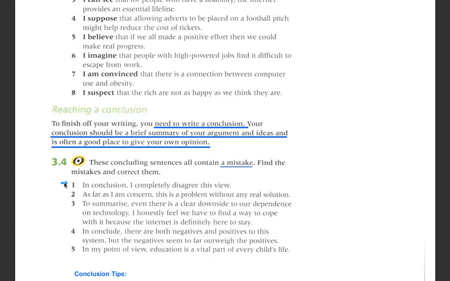So find the mistake and correct it in number 1. In conclusion, I completely disagree this view.